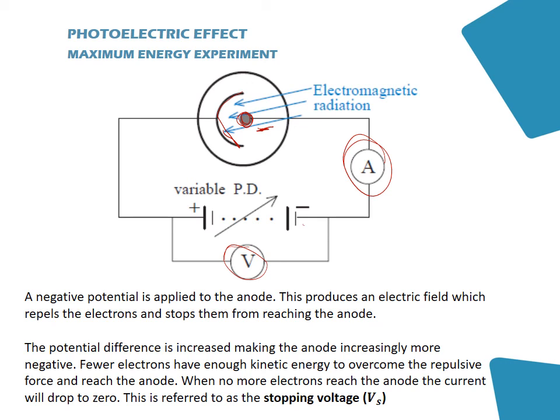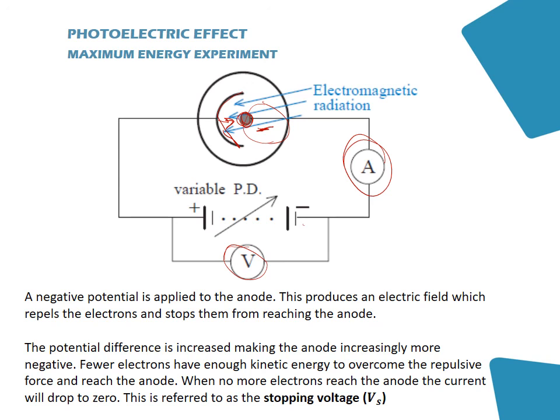And if our electrons are jumping across here to our anode and electrons are negative, they're going to be repelled by our increasingly more negative anode, which, as we start increasing the potential difference, is going to stop them from reaching the anode because it will repel those electrons.